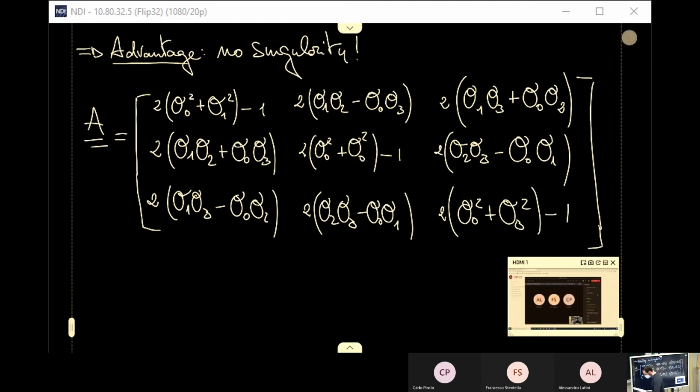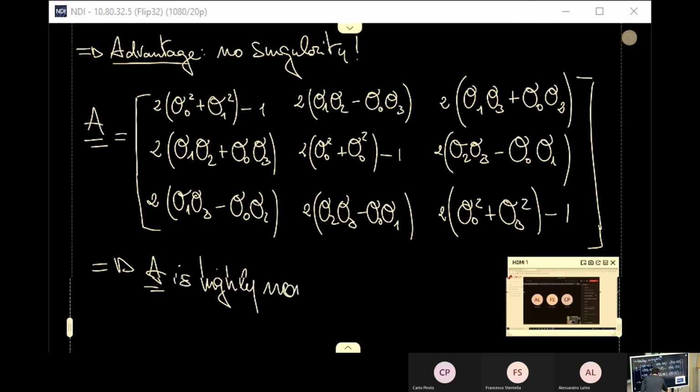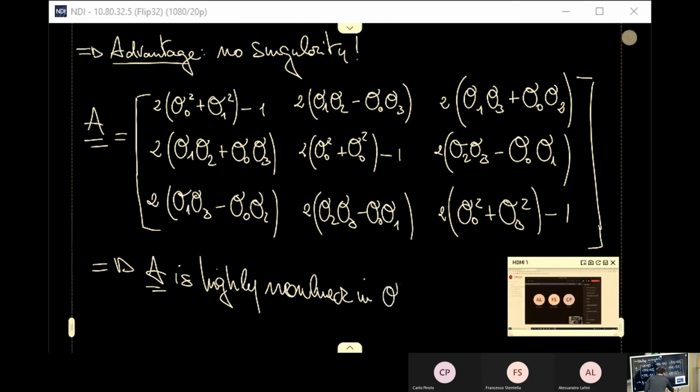Okay, that's it. So again, we can say that A is highly nonlinear in the components of the Euler's parameters.